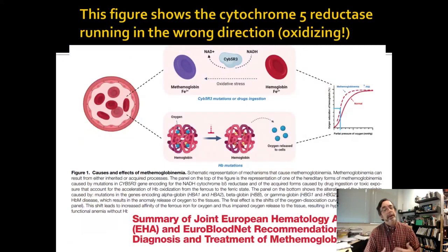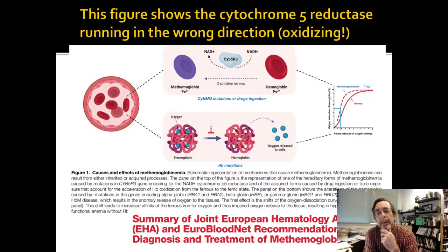The interesting thing about this is you want to know what's going on, because sometimes the figures can be confusing. Oxidative stress is what they're showing, but then they show electrons moving the other way, and this doesn't quite show what's going on for me. But if you understand what's going on, then it doesn't really matter what the authors have shown for the arrows.